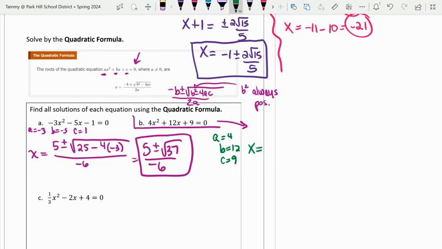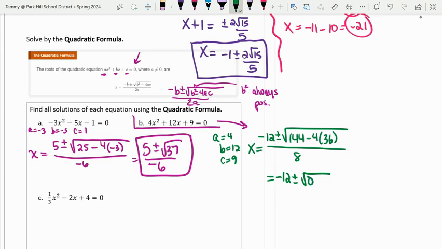So your x is negative b, so negative 12 plus or minus the square root of b squared. 12 squared is 144, minus 4 times ac, I like to multiply those, so 36, all over twice a, so 2 times 4 is 8. Finish that: negative 12 plus or minus the square root of, so use your calculator, 144 minus 4 times 36 is 0.